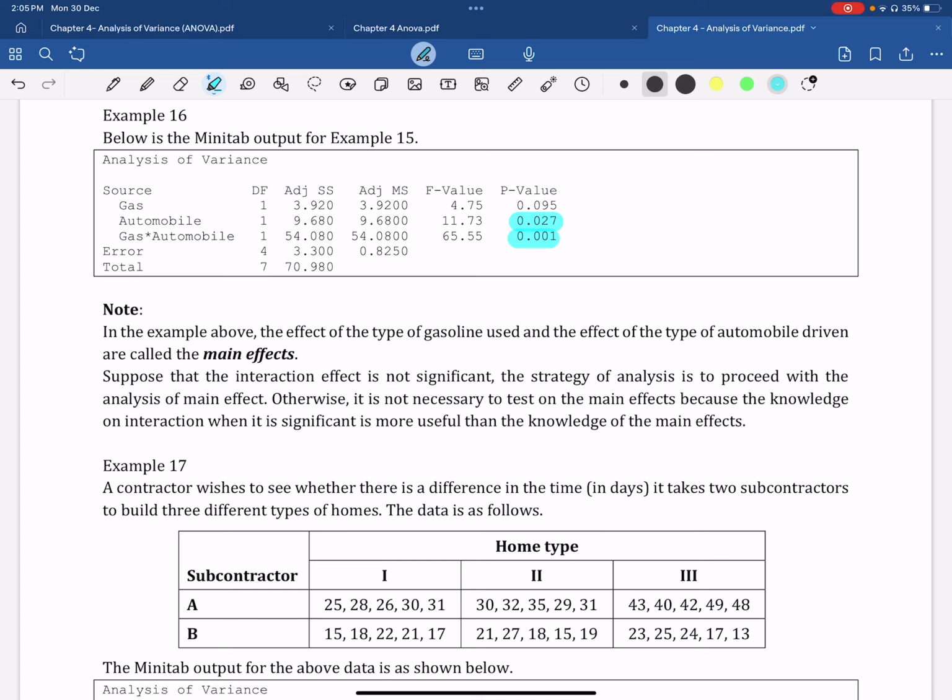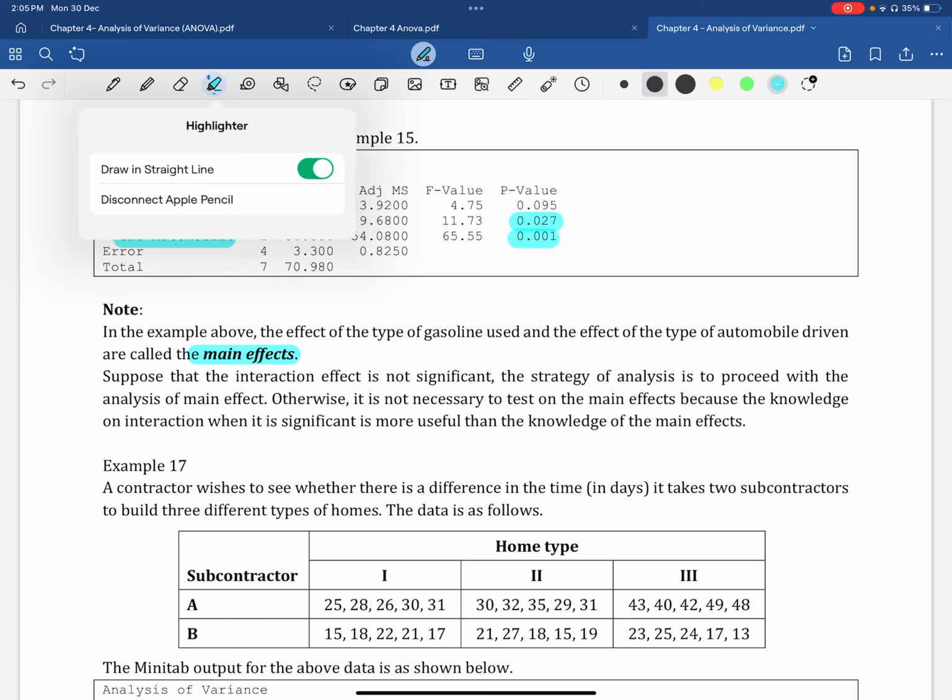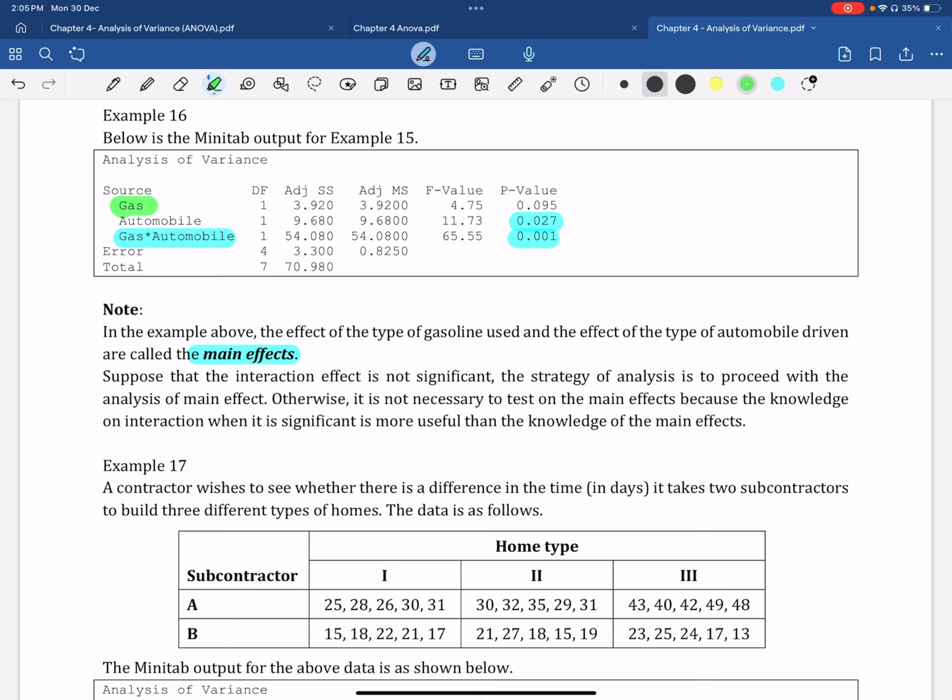So we also reject the null hypothesis for the interaction. For this particular example, the effect of the type of gasoline use and the effect of the type of automobile driven are called the main effects. I will highlight using the green. For this particular green, we say that this is the main effect.